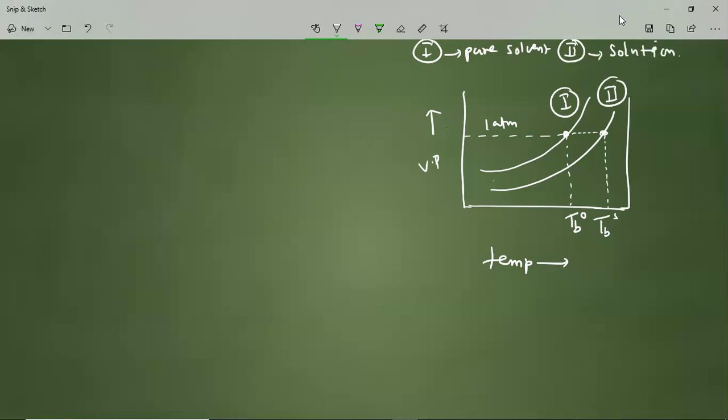This difference we have identified is called the elevation in boiling point. So the boiling point elevation from this graph is delta TB.